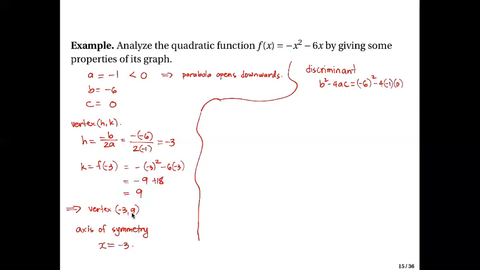So this is just 36, and this is greater than 0. So the parabola opens downwards, and since the discriminant is positive, the graph crosses the x-axis twice.